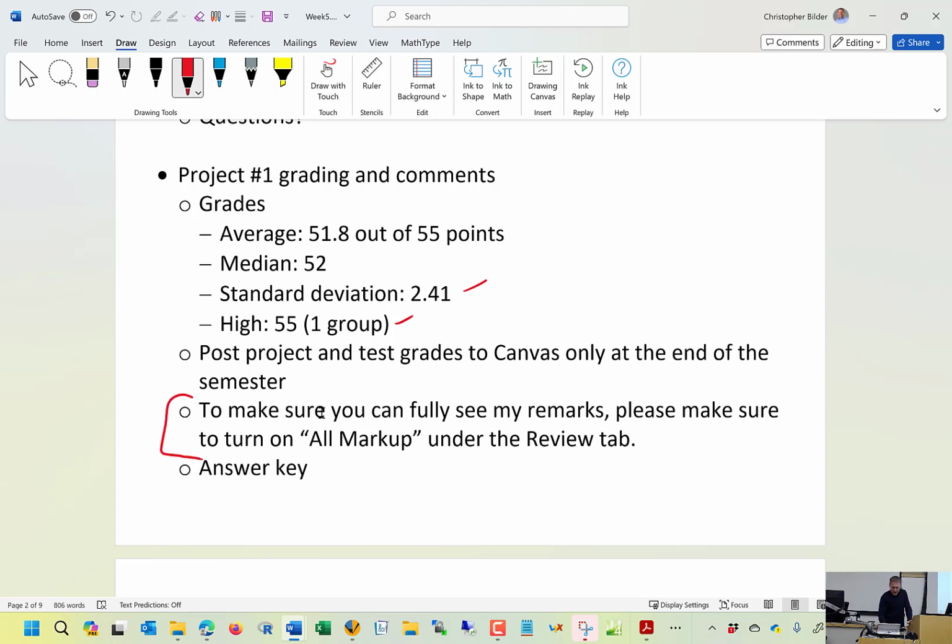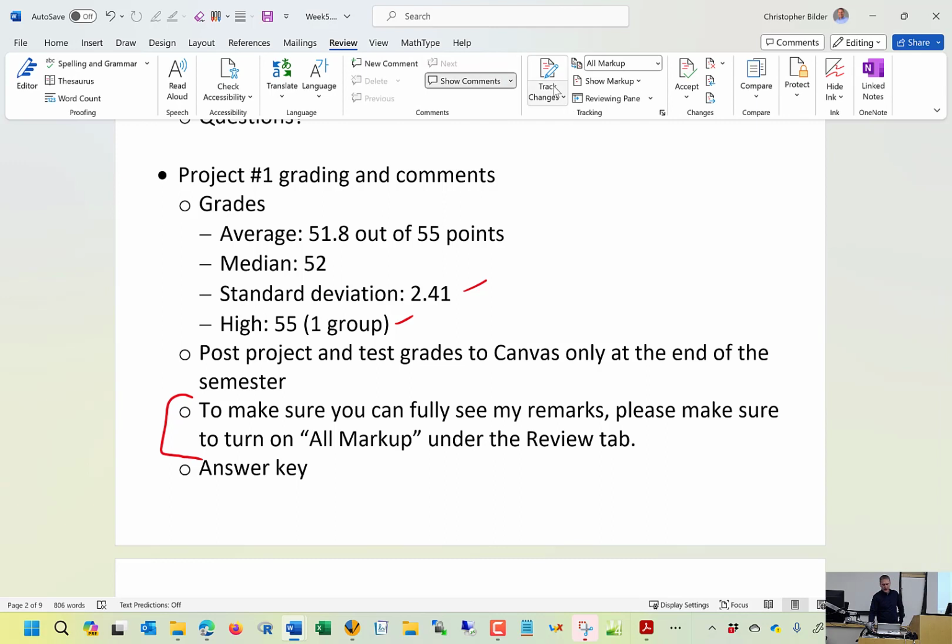Now, in my discussion board posts, I said to make sure that you fully see my remarks on your project. I put my comments on your project using Word's track changes tool, up here under the review tab.